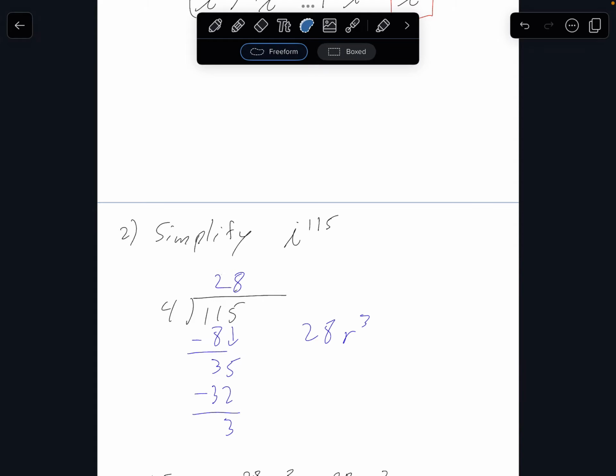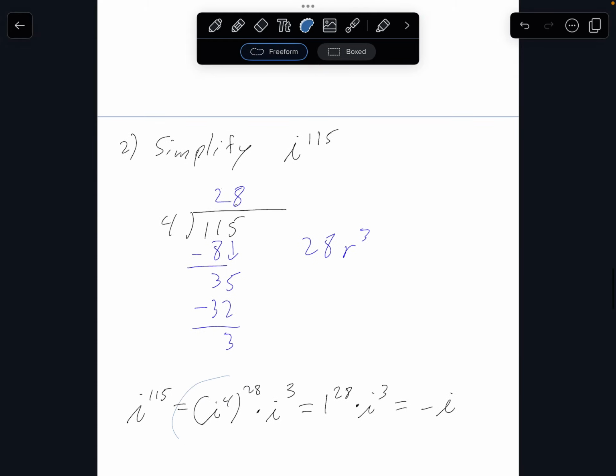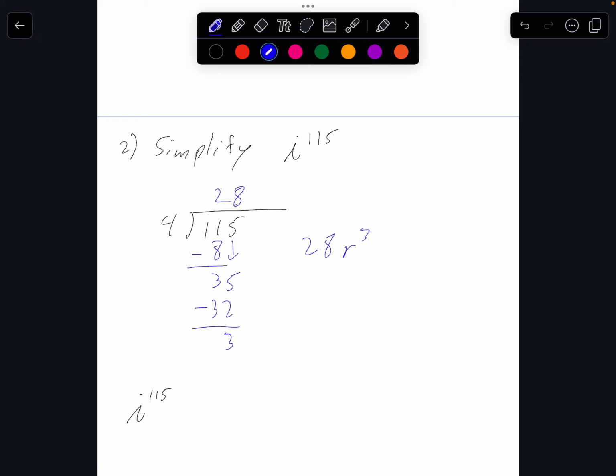Now I will write out the solution. So that means i to the 115th power, that's what we started with, is equivalent to i to the 4th power raised to the 28. Again, that is coming from our quotient.